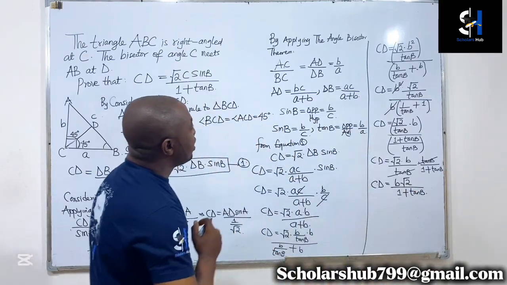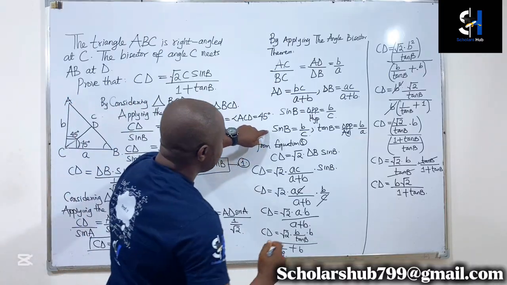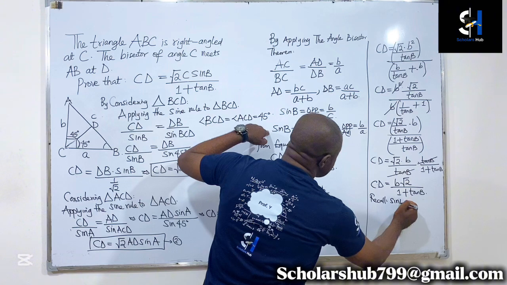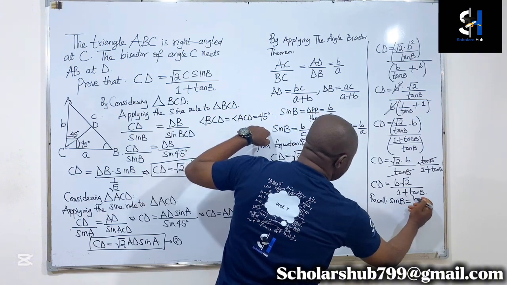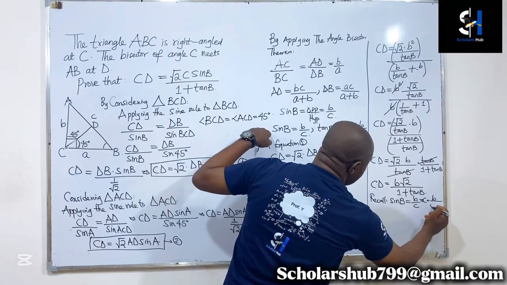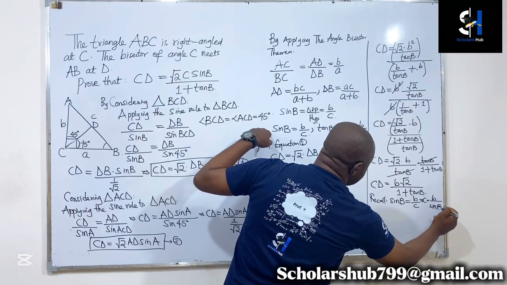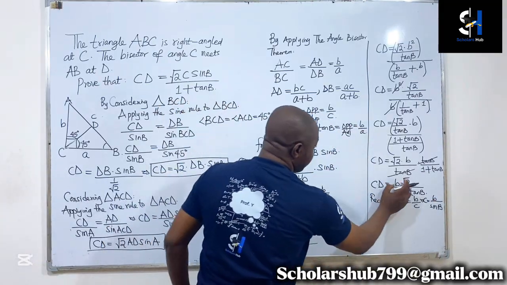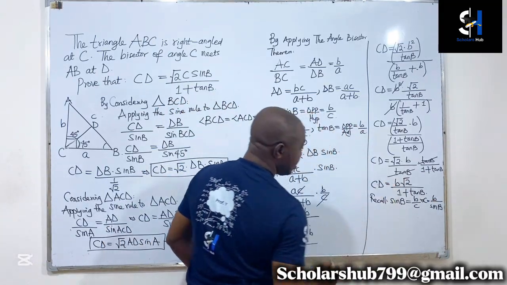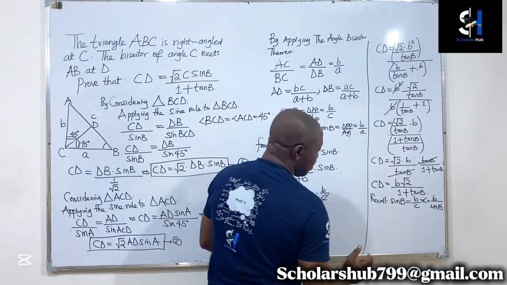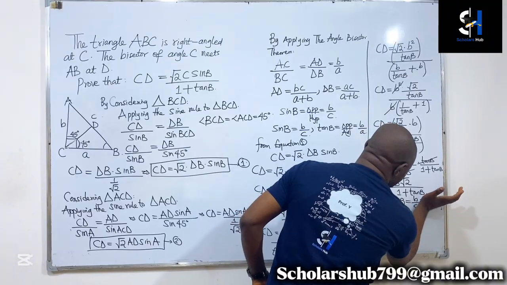Now let's recall, we know that sine B is equal to B over C. Let's make B the subject of the formula.